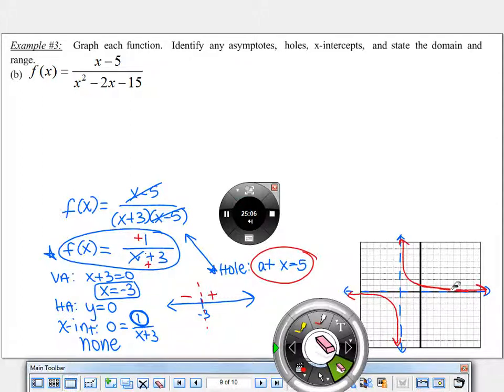And if you're not sure exactly what value it is, like the hole is at 5, comma something, that something is what we would get when we plugged 5 into this function. What do we get when we plug 5 into this function? 1/8. So there's my hole at 5, 1/8. Okay.